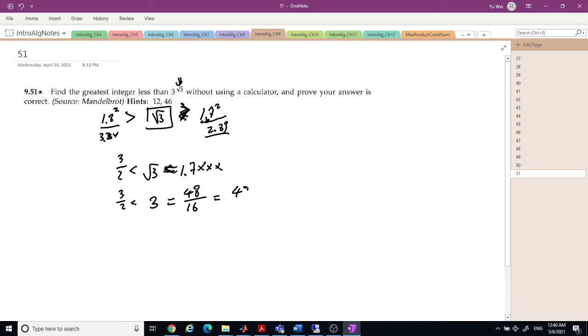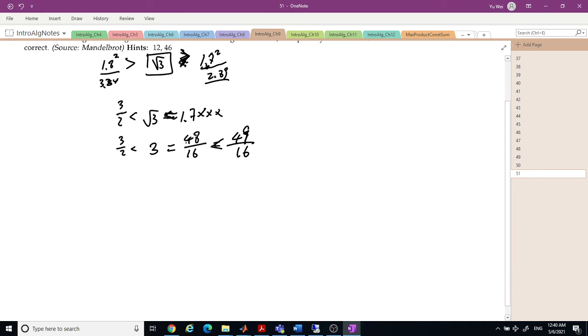Okay, so we try to bound the exponent first. Now let's see. The square root of 3 should be greater than or equal to 2 over 3, or less than or equal to 4 over 7.